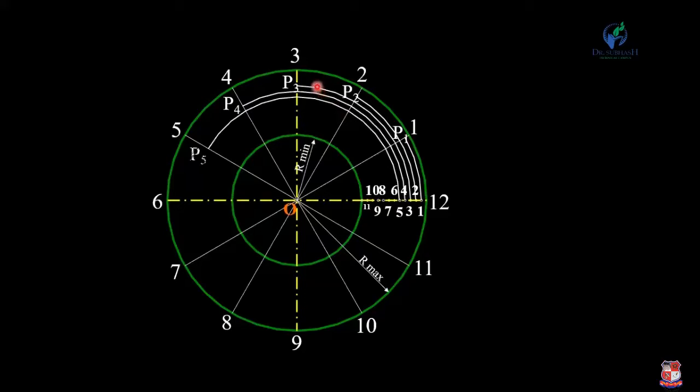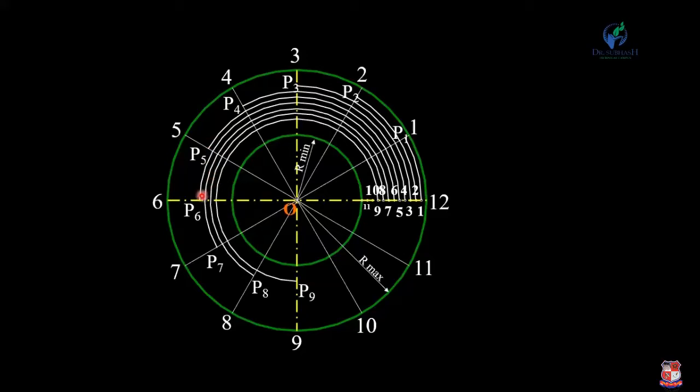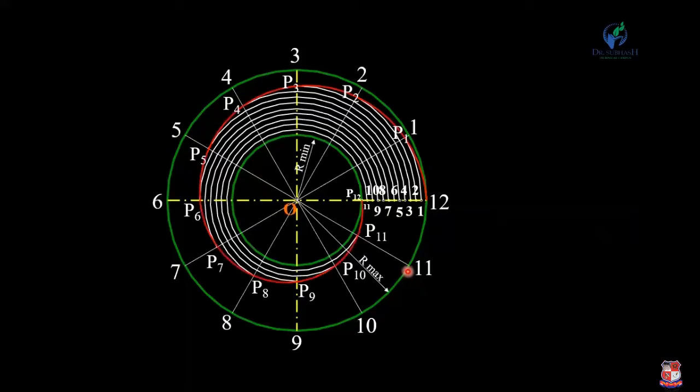Similarly, get another points P3, P4, P5, P6, P7, P8, P9, P10, P11, and finally P12. Join all these points from starting P0 to P12 by a smooth curve. Okay, so this curve is known as a spiral.